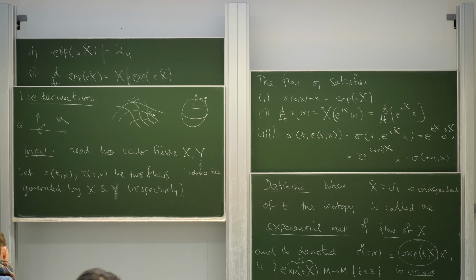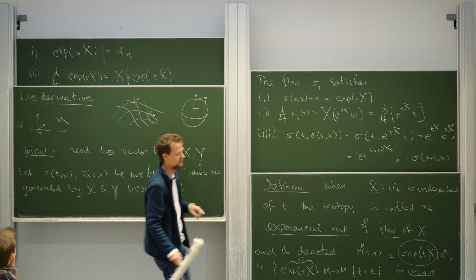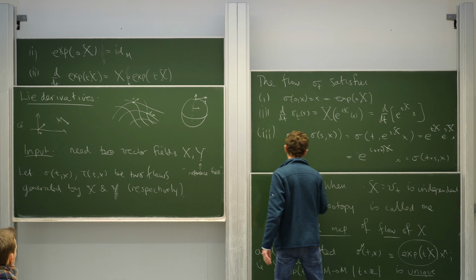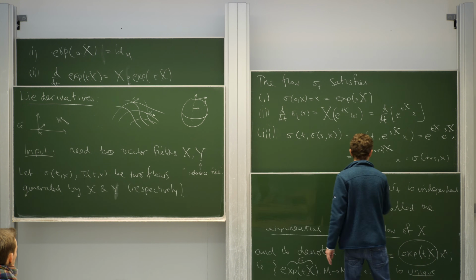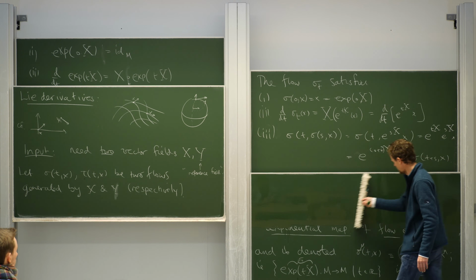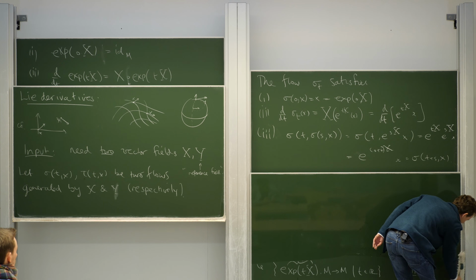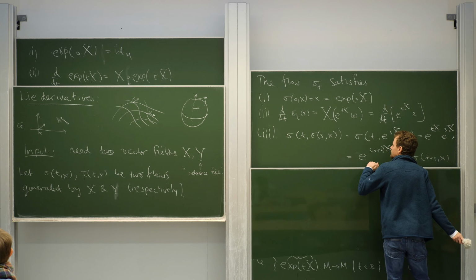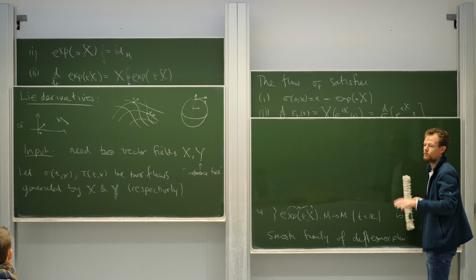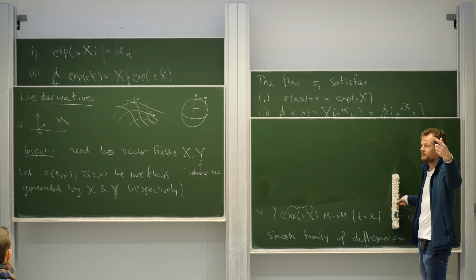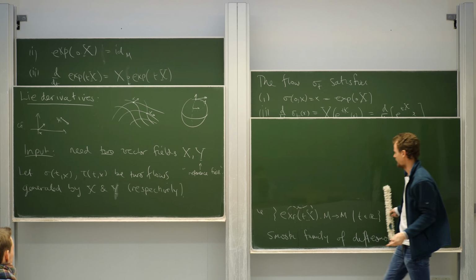Then we're able to define a way to compare the vector x at two different locations in the manifold by using the flow tau. I think I'm going to do it the other way when I write it out, but whatever. This will be the same up to a minus sign. By using the flow to define for you the paths along which you're allowed to carry this vector parallelly.